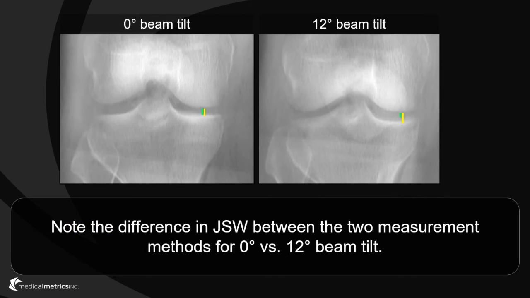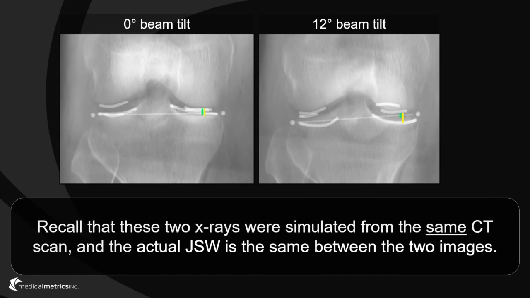Note the differences in joint space width between the two methods for 0 degrees versus 12 degrees of vertical beam tilt. Recall that these two radiographs were simulated from the same CT exam, so the measured joint space width should be the same in both radiographs.